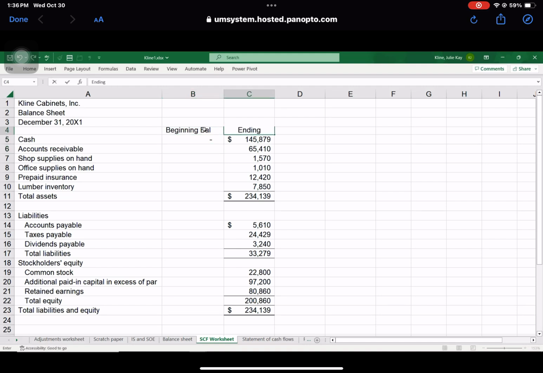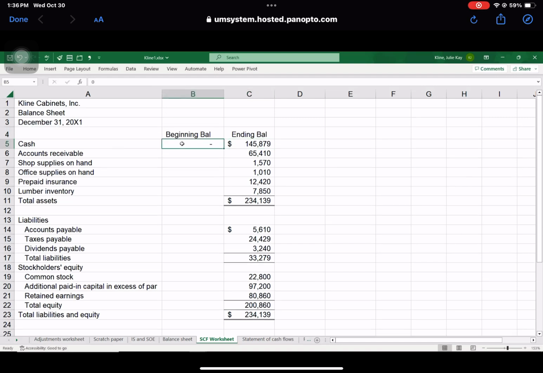And then this is the ending balance, right? Hopefully stating some obvious here, but we had a beginning balance of 0 in cash, and then we had ins and outs in cash, and we came with an ending balance of $145,879. So as you can see, we grew our cash balance. If I take the difference between where we started and where we ended, our cash grew by $145,879. For all of these accounts, they all have a beginning balance of 0.